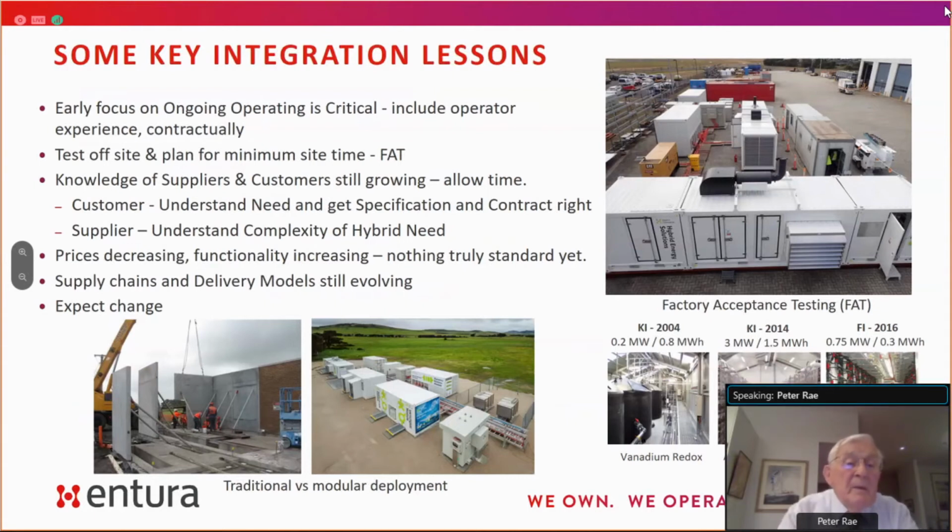Supplier must understand the complexity for hybrid needs. Prices decreasing, functionality increasing. Nothing's truly standard yet. Supply chains and delivery models are still evolving, and you can expect change. And I think I recognise some of this.